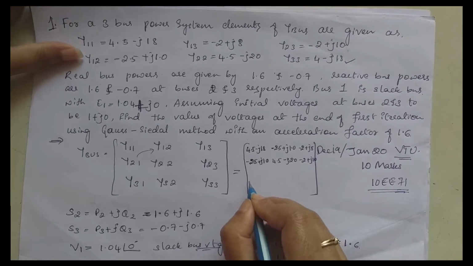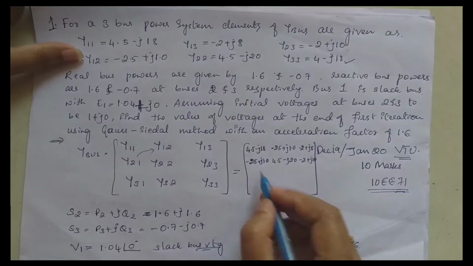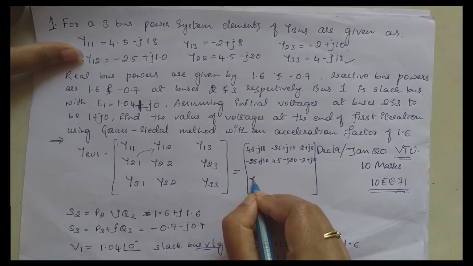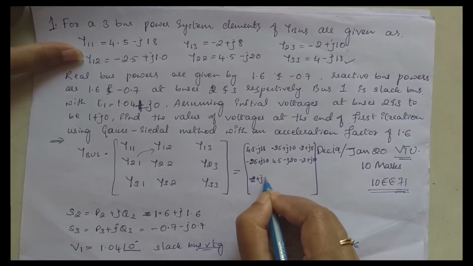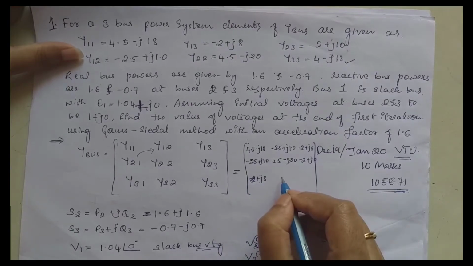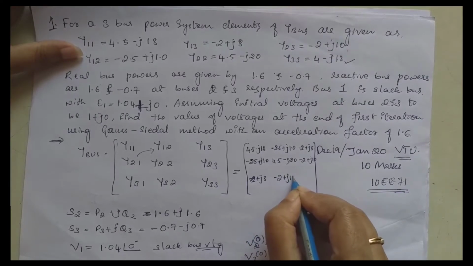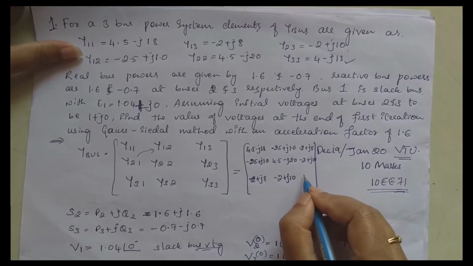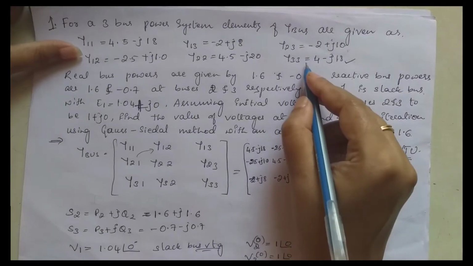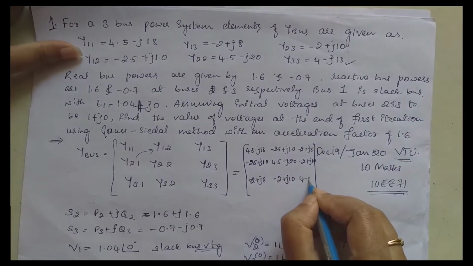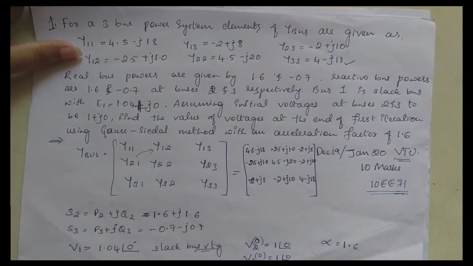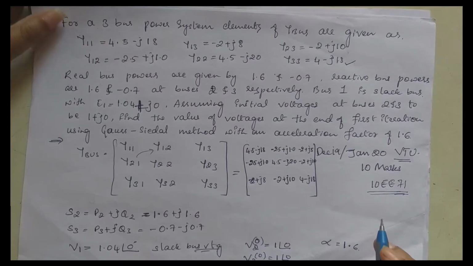Y31, which is equal to Y13, is minus 2 plus j8. Y32 is minus 2 plus j10. Y33 is 4 minus j18. So we got the Y bus matrix.